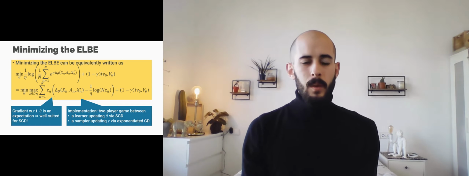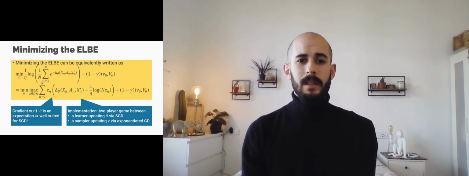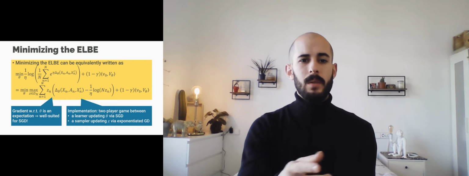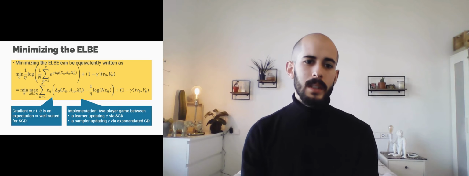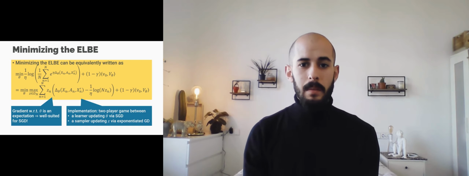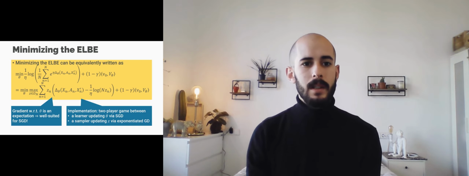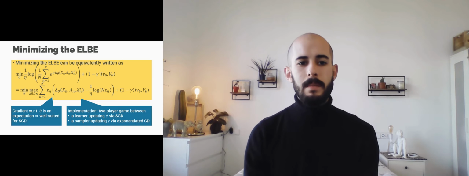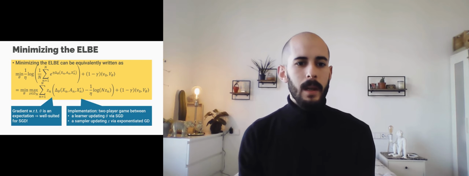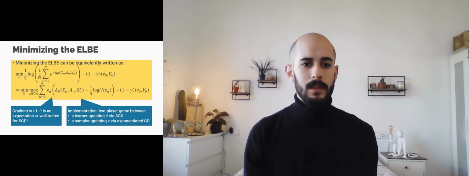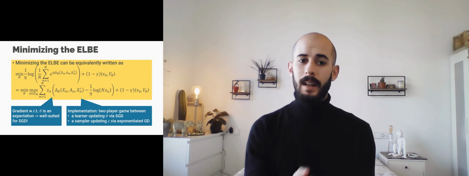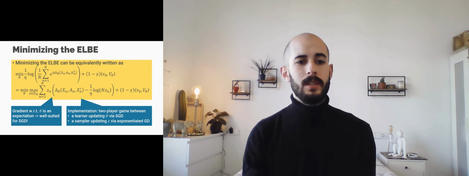Finally, we show a way of minimizing the ELVE. That is how we have done it in the experiments, and it's based on this equality that we have here in the yellow box, saying that minimizing the ELVE, the empirical logistic Bellman error, is equivalent to solving this min-max problem that we have below, where we have a new set of variables, z, that are a distribution over sample transitions.